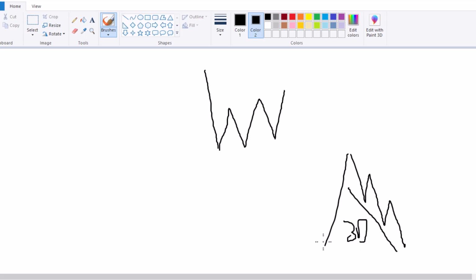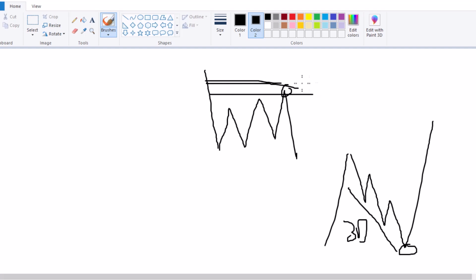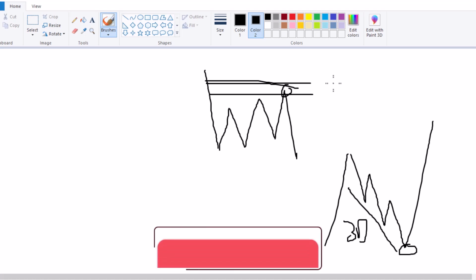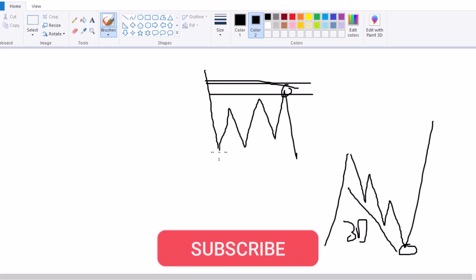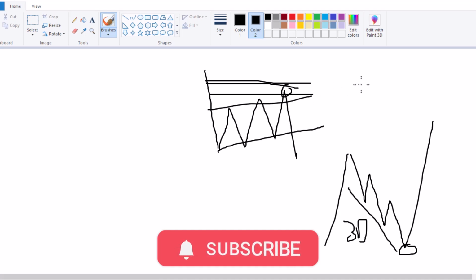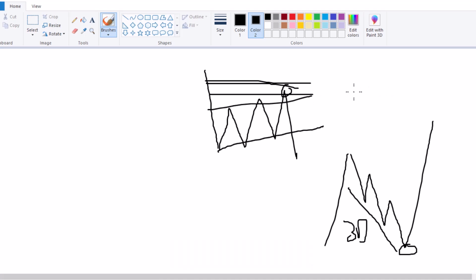We are going to be looking for a point of interest in the region of the third low or the third high. This might be an order block, a supply or demand zone, or anything that you might think of. We're going to draw a line here, which means we're going to get a pattern that looks like a flag or a pennant.